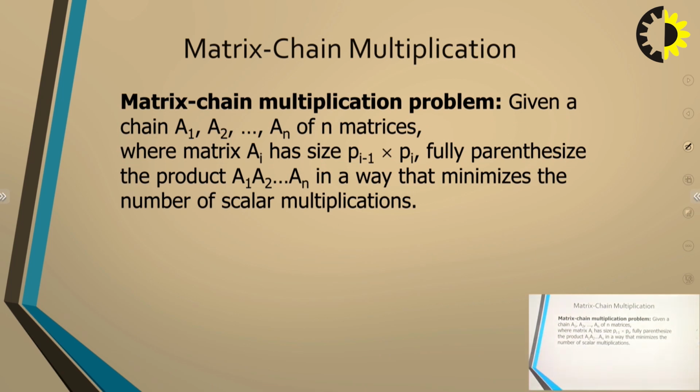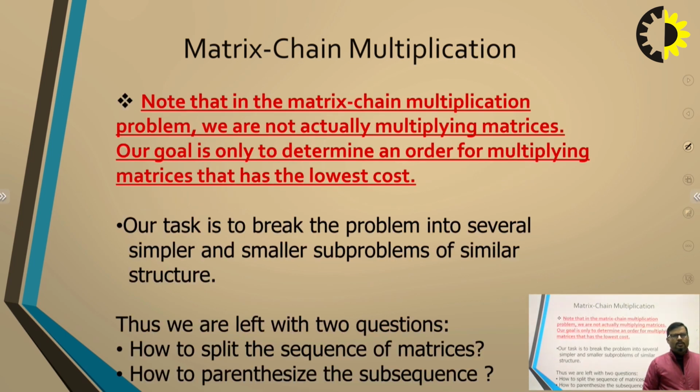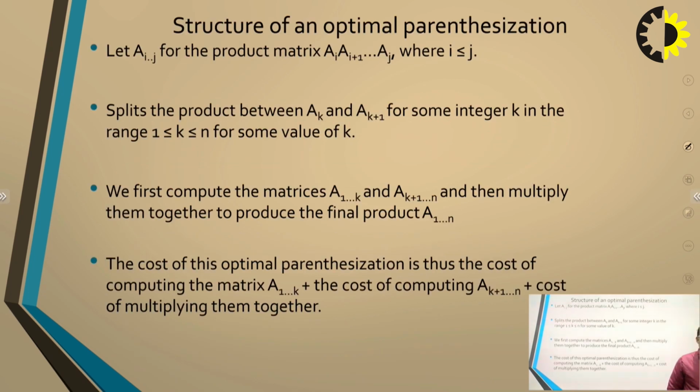Then here the matrix chain multiplication problem: given a chain A1, A2, up to An of matrices, where matrix Ai has size Pi minus 1 cross Pi, fully parenthesize the product A1 to An in a way that minimizes the number of scalar multiplications. Then here we use the structure of the optimal parenthesization.